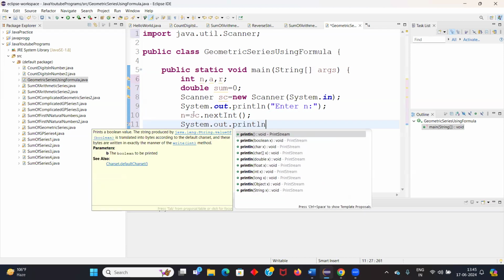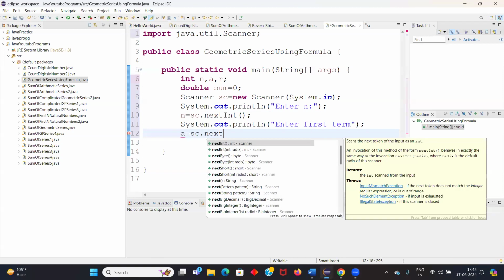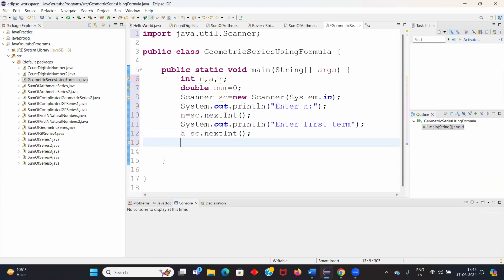And then I will get my first term from the user, and I will store that in a variable. Our first term will also be an integer.